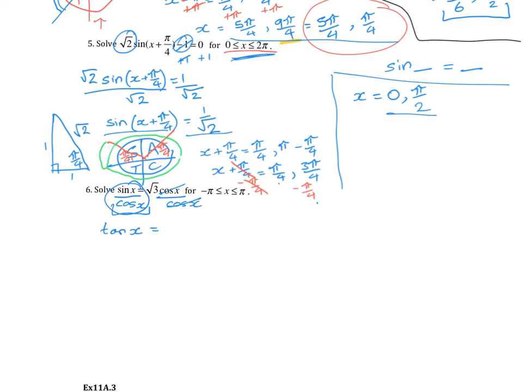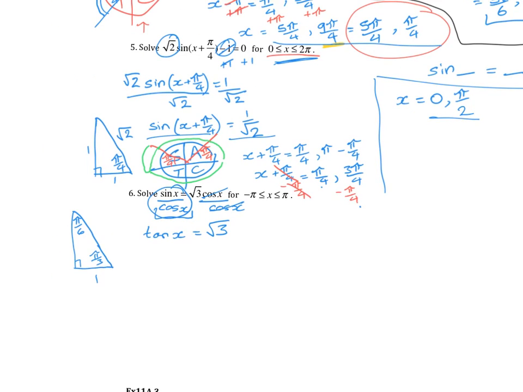These cancel out and we get root 3 over here. Okay, so which triangle has a root 3 in it? Hopefully you know it's the pi on 6, pi on 3 one. So we get pi on 6 up here, pi on 3 down here. 1, root 3, and 1, root 3, 2.